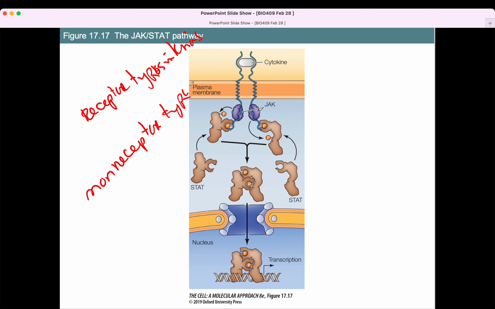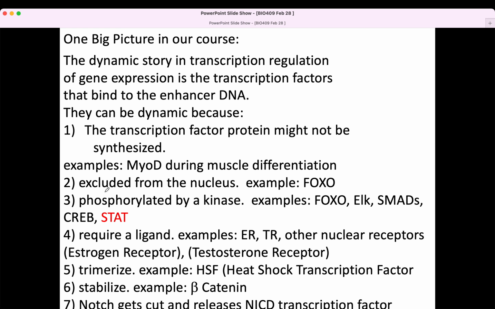Here, there's going to be a kinase involved, and the kinase is called JAK. It's not a receptor. It's bound to a receptor, but it's not the receptor. When this receptor gets activated, JAK gets activated, and it's a kinase, and it phosphorylates STATs. And STATs are transcription factors. Yay. So we add STAT here.